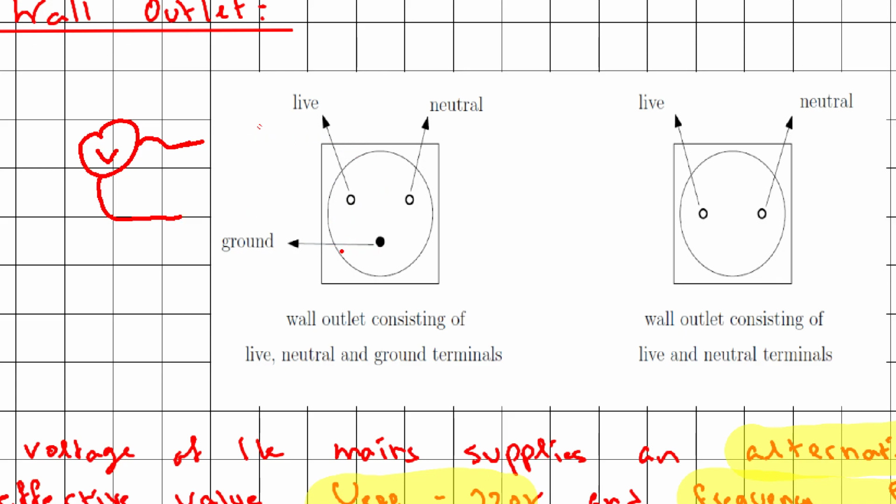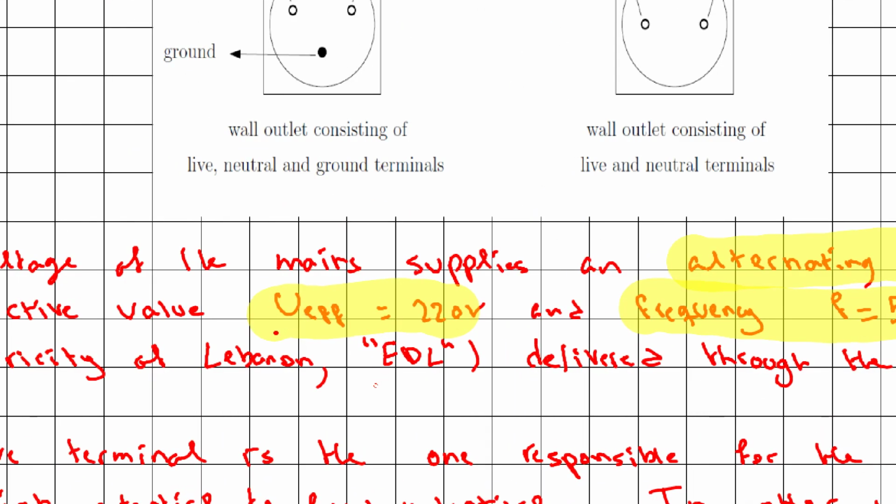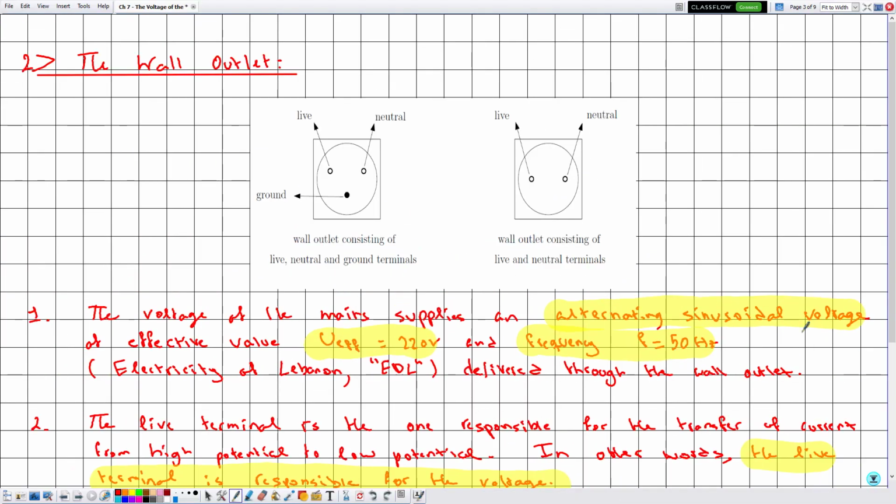Now let's take the first case here, because we are saying that the live is the one that causes the voltage. Suppose that we connect one of the terminals to the live and the other to the neutral. We expect that the voltmeter must indicate 220 volts, because one of the terminals is connected to the live. As long as one of the terminals is connected to the live, the voltmeter will indicate 220 volts, because we know that the voltmeter in the AC mode measures U effective.